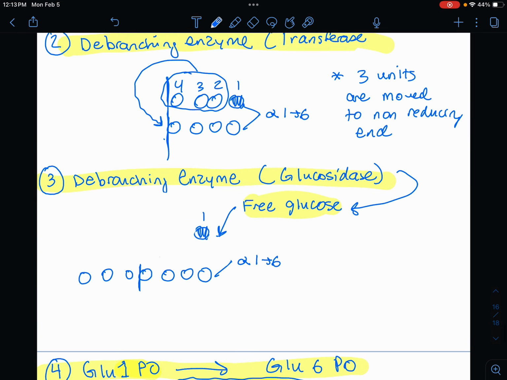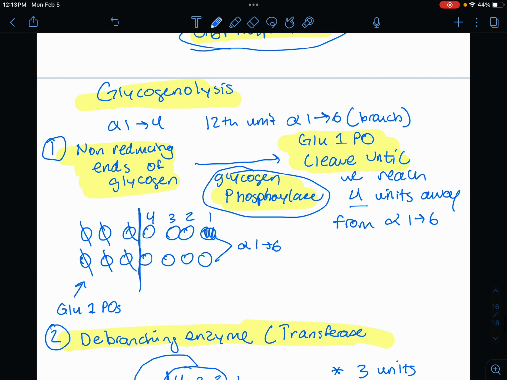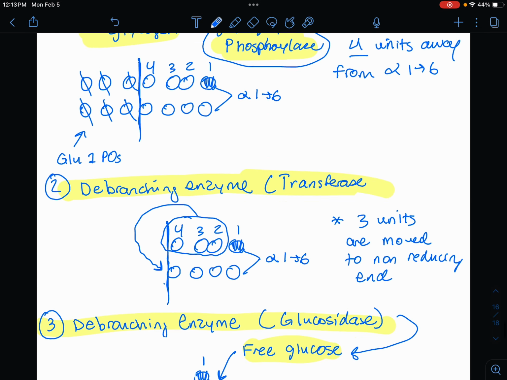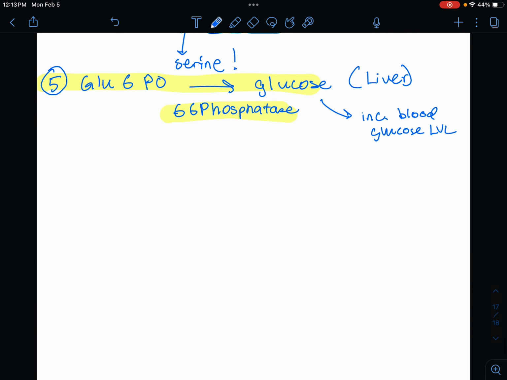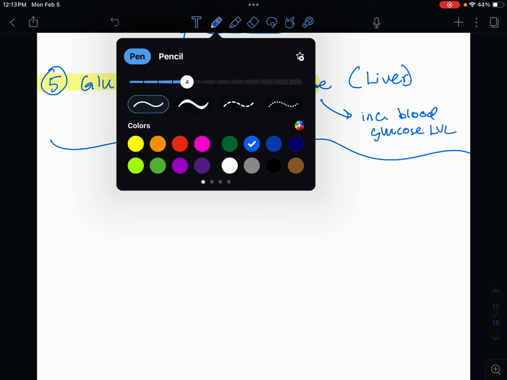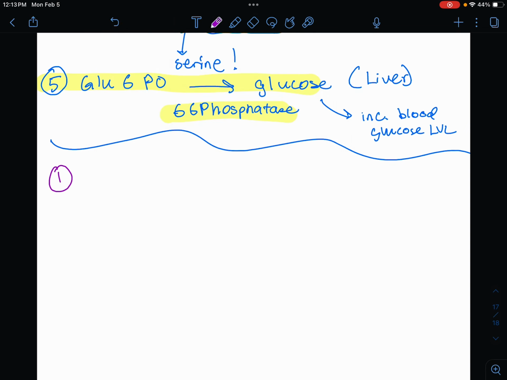So we were talking about glycogen phosphorylase up in the first step. And we have regulation of muscle glycogen phosphorylase to also cover. Let's write that first step again. So step 1 in glycogenolysis or breakdown of glycogen, we are going to have the non-reducing end.